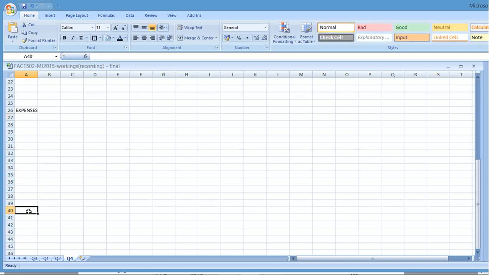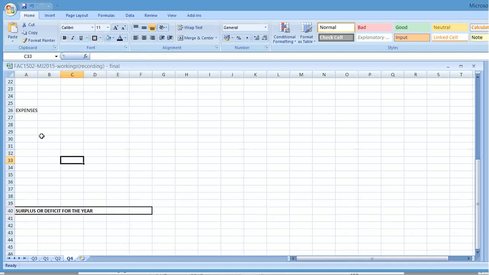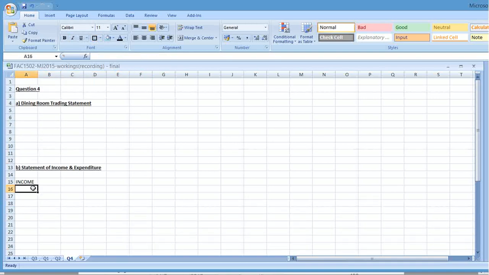Income and expenses, and then we'll obviously have a surplus or deficit for the year. Okay, so income, green fees and caddy fees, 16,000.